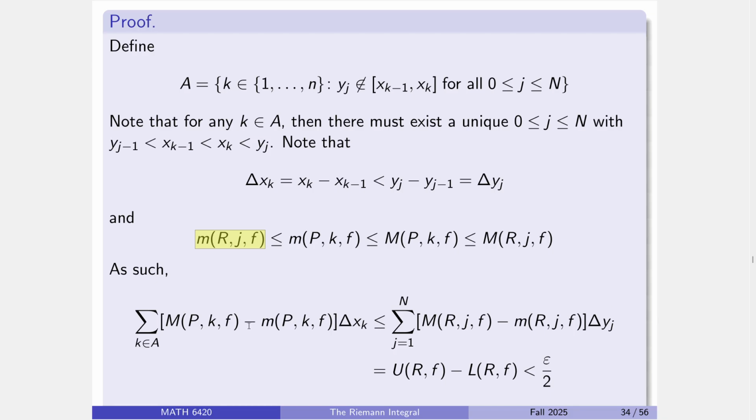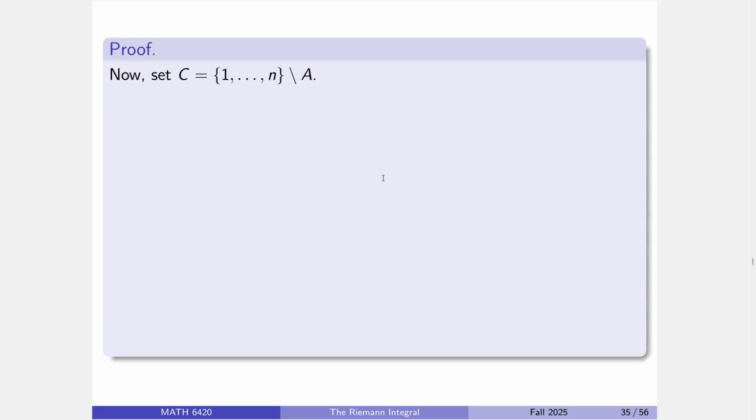The sum of all these things won't exceed epsilon over 2. Again, these were chosen so this was less than epsilon over 2. So all of the indices of the original partition which contain the subintervals, so they themselves did not land in any of the subintervals, that sum will be less than epsilon over 2. So now we just have to take care of the ones that actually do work.